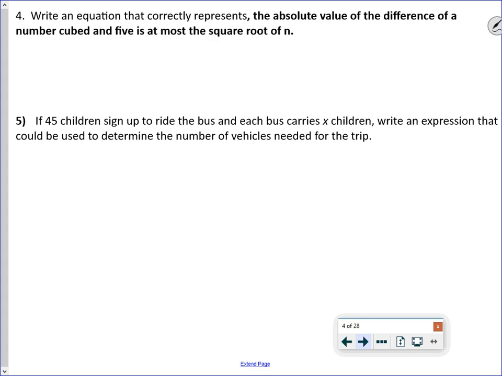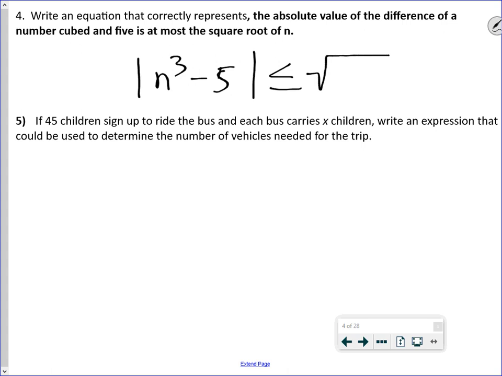Write an equation that correctly represents the absolute value of the difference of a number cubed and 5 is at most the square root of n. Now, actually, I really should change this here to an x cubed because I'm not 100% sure that this variable and this variable are the same based on the writing in the question.